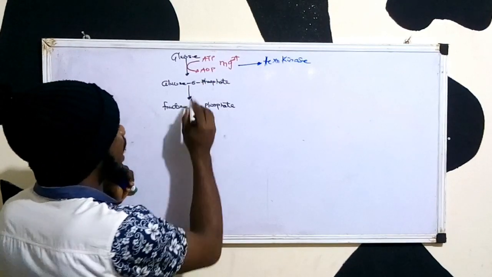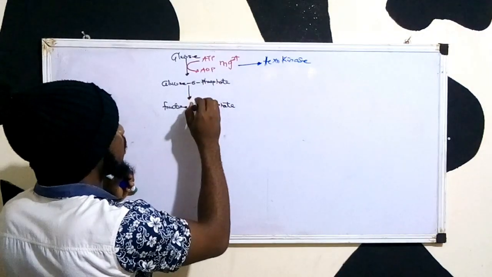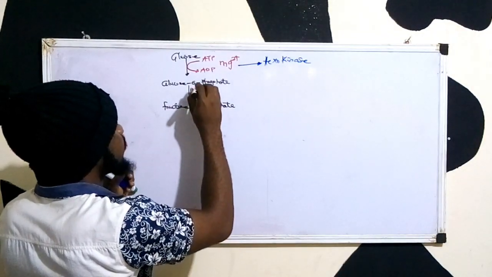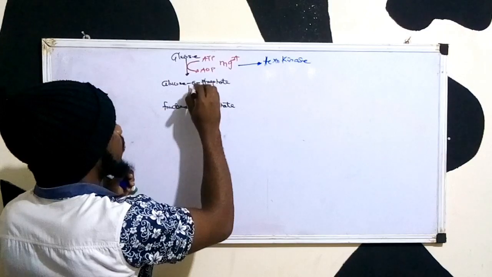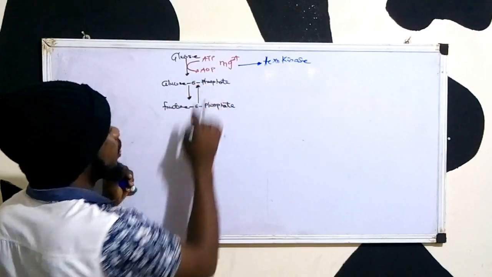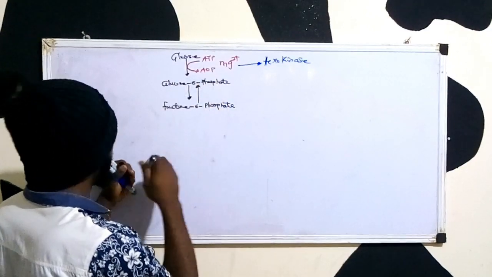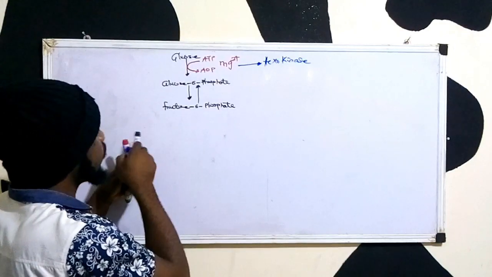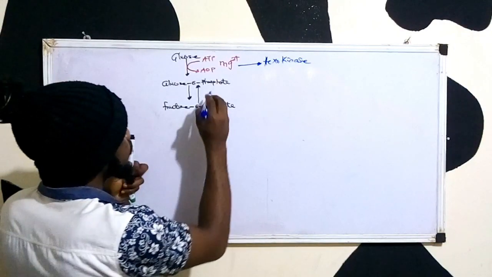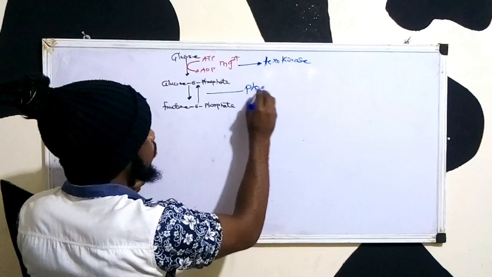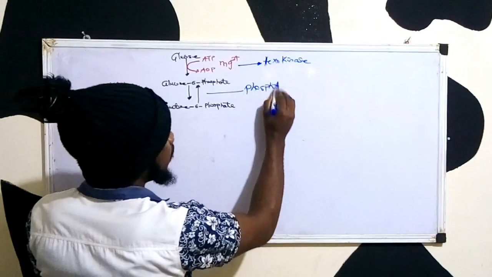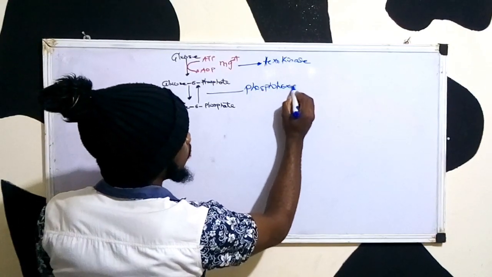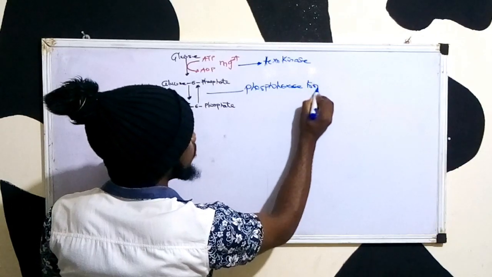They are isomers, and they can be converted. They are reversible in nature. They can be converted, and this occurs through the help of an enzyme called phosphohexose isomerase.